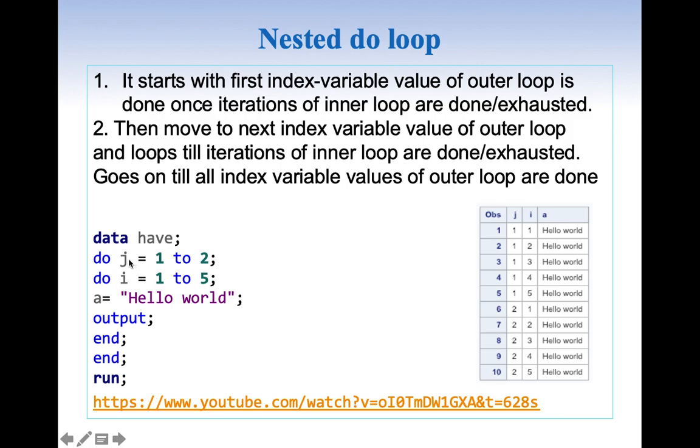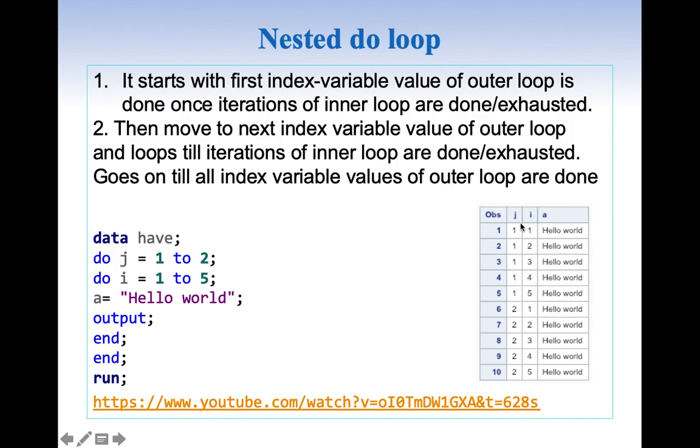The first outer loop, which is do j equal to 1 to 2, starts from 1, and then it iterates all the 5 of the inner loop, and once it is done it goes to 2, and then it iterates 5 times for the inner loop.